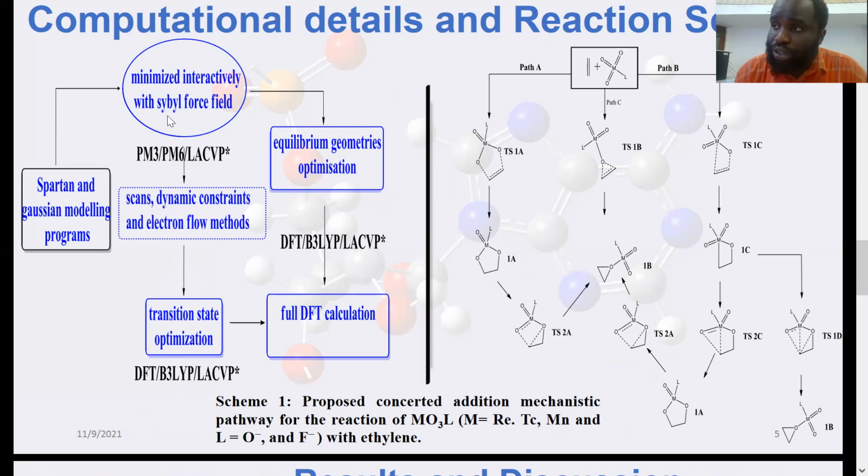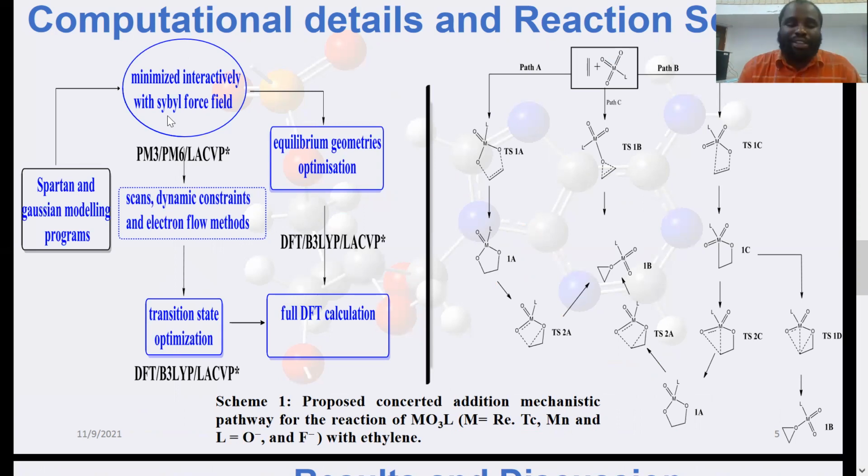On my left are the computational details. All modeling was done on the Spartan and Gaussian modeling programs. The equilibrium geometries, or structures on the minima, were run after minimizing the structures interactively with the force field.